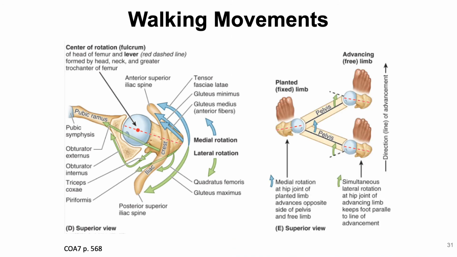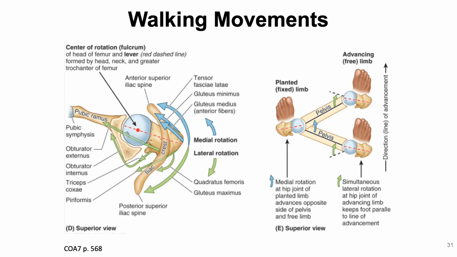So what this looks like when walking is that medial rotation typically occurs on your planted or your fixed limb to help swing your advancing one forward through lateral rotation. So you are going to use lateral and medial rotation on the swinging limb to create that circumduction, but usually the swinging, so the anterior movement going to a planted, is going to be your medial rotation, and your lateral rotation is going to be that more posteriorly placed leg that is starting its forward movement.